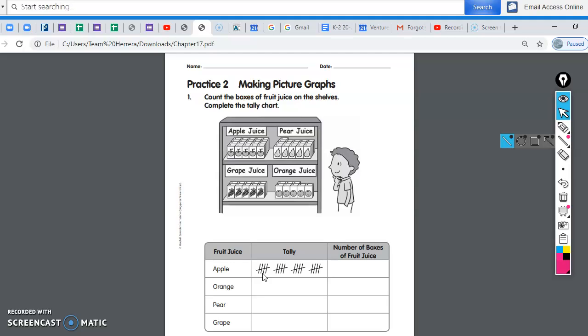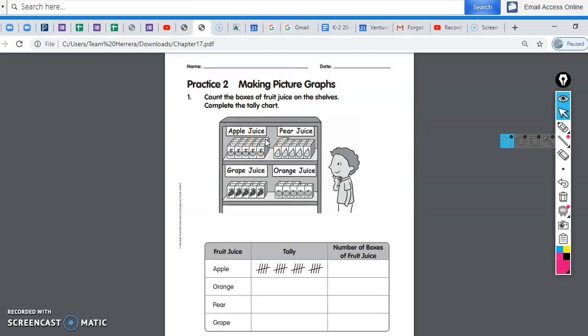So for instance, here on our apple juice, we have 5, 10, 15, 20. Okay, and we can even double check here that they have all of those juice boxes. We have 1, 2, 3, 4, 5, 6, 7, 8, 9, 10, 11, 12, 13, 14, 15, 16, 17, 18, 19, 20.